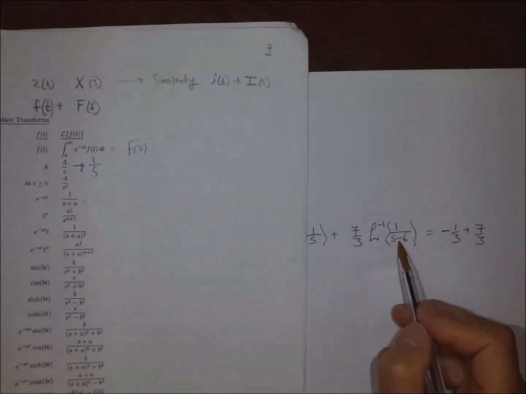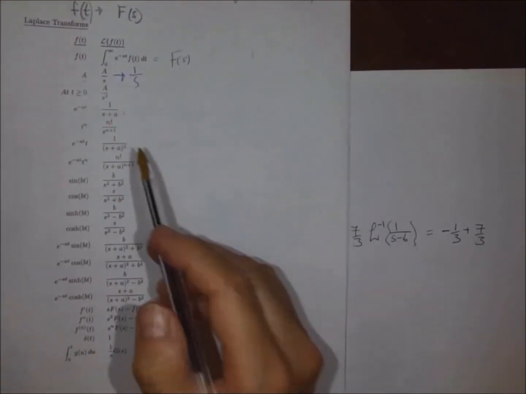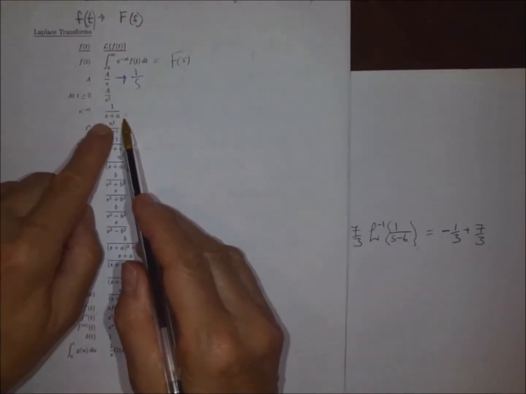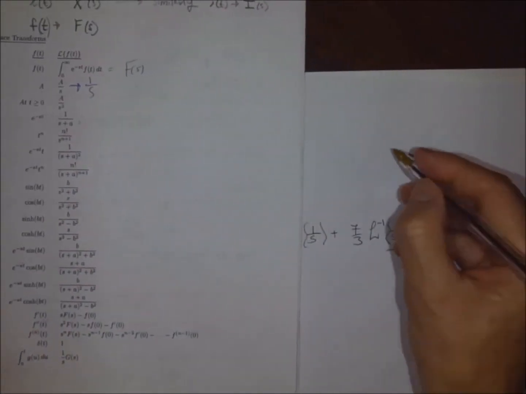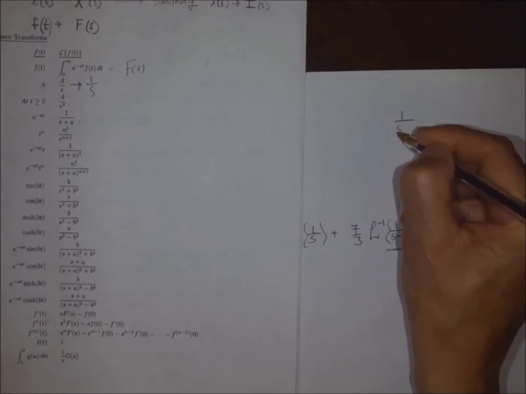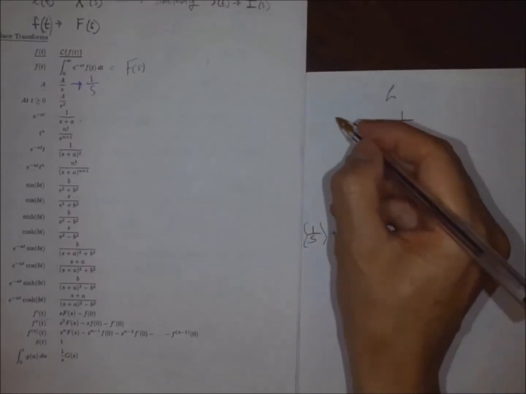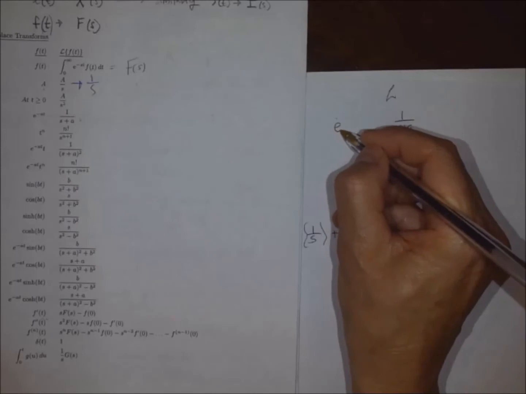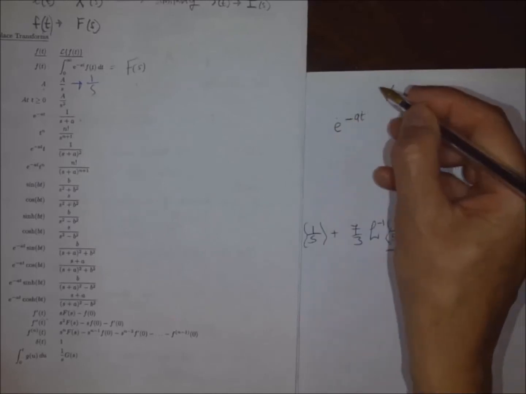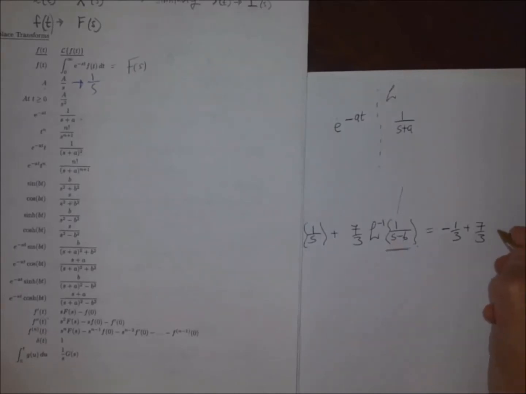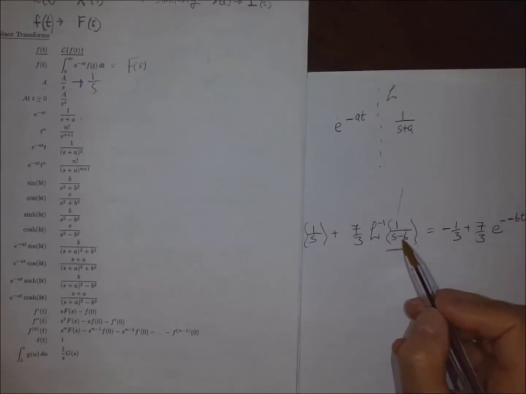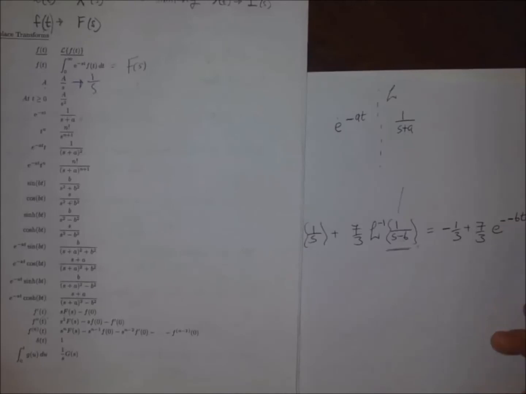And if we do the inverse Laplace on 1 over s minus 6, on the tables we have 1 over s plus a on the Laplace side, and on the function side we have e to the minus at. So if it's 1 over s minus 6, that is going to be e to the 6t. Yes, that will become a plus, minus minus.